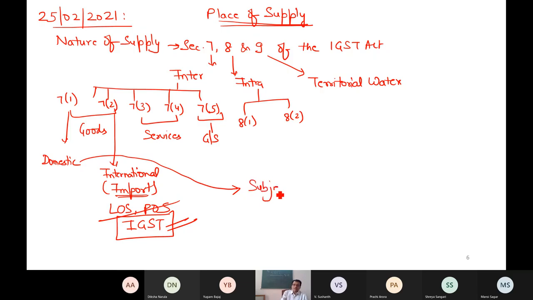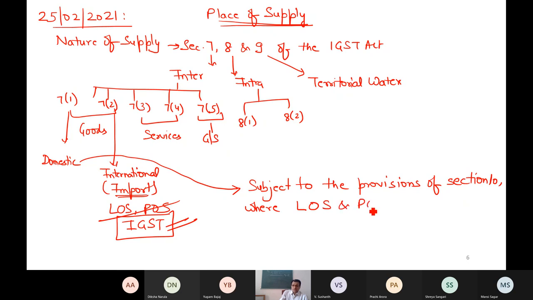The starting of section 7, subsection 1 is: subject to the provisions of section 10, where the location of supplier and place of supply are in different states, different UTs, or one state and one UT, then the supply is by default interstate. And why I'm saying that?